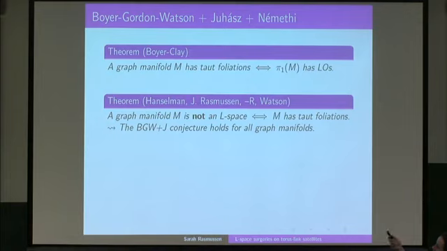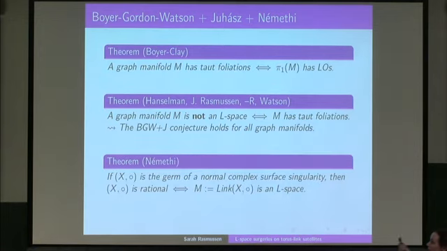And so that gives the Boyer-Gordon-Watson and Juhász conjecture for graph manifolds, if you combine those two results. And then Némethi was able to use that result to prove the final part of his conjecture about links of rational surface singularities.